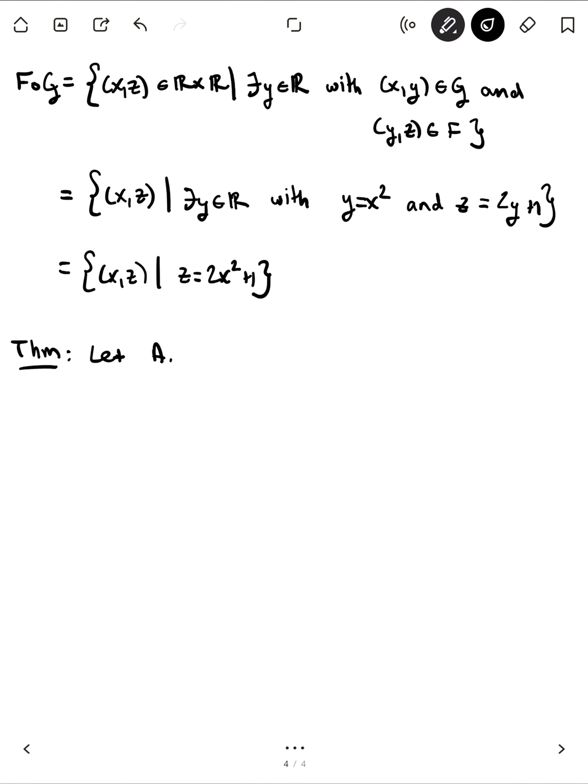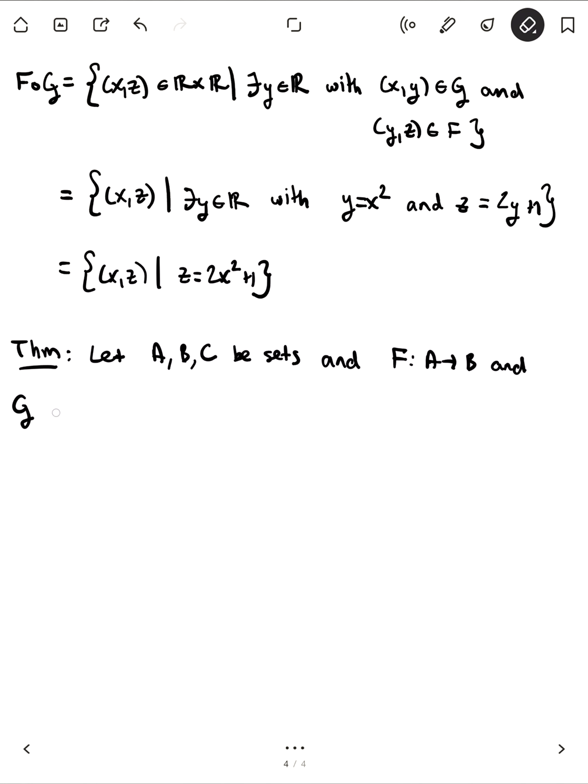Let A, B, C be sets, and f is a function that takes A to B, and g is a function that takes B to C, right?